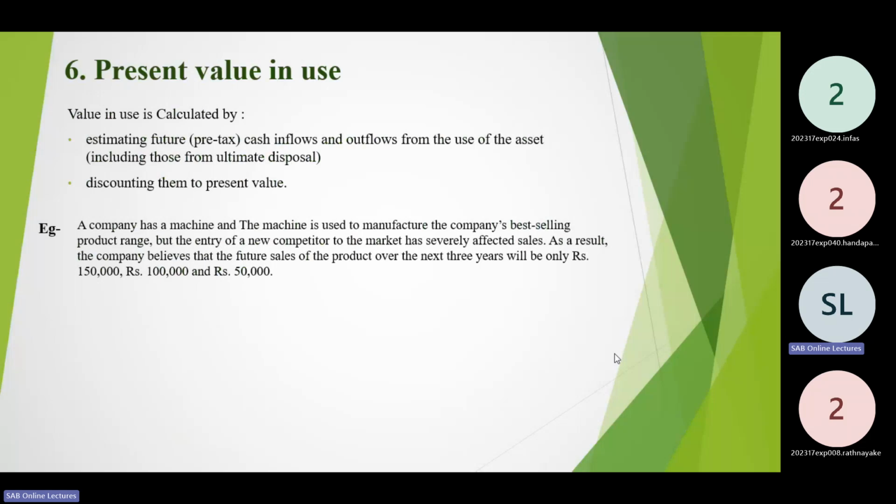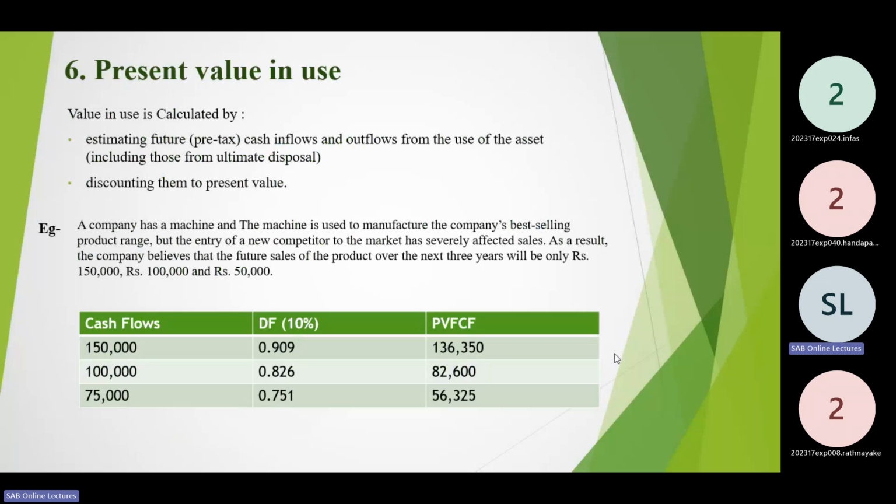So to calculate the present value, we take these 3 cash flows and multiply them by the discounting factor. We all know how to get the discounting factor: 1 divided by (1 plus r) raised to the number of years. After multiplying the cash flows by the discounting factor, we get the present value of future cash flows.